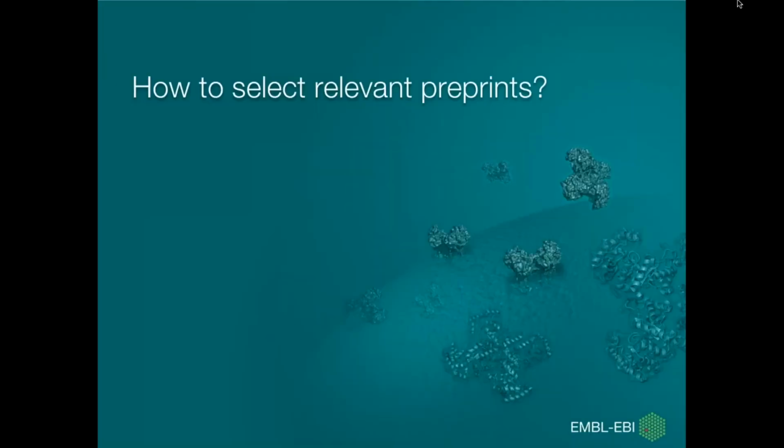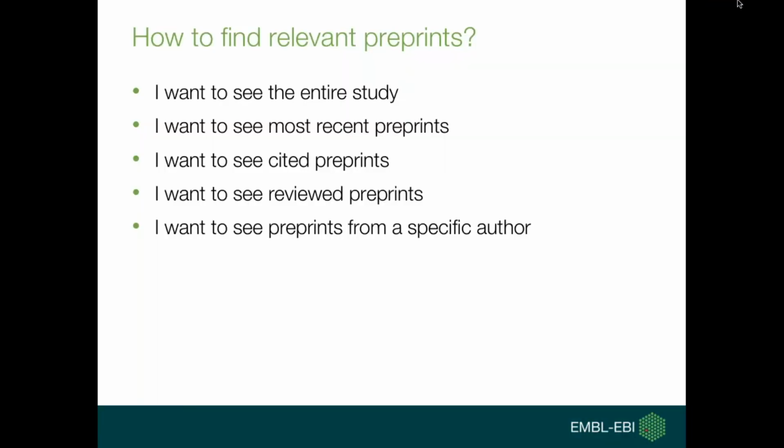Now, this is a very basic search, and here I wanted to share some more advanced tips and tricks on how to select preprints that might be relevant to your field. So what is it that you're looking for in a preprint that would be helpful to pick those that you would want to focus on? Perhaps you would want to see the entire study so that the full text of the preprint is available.